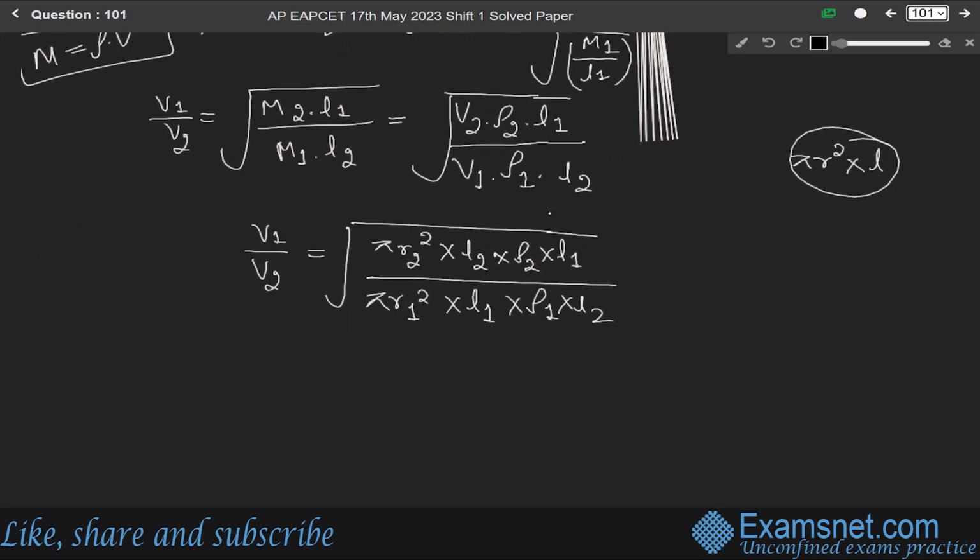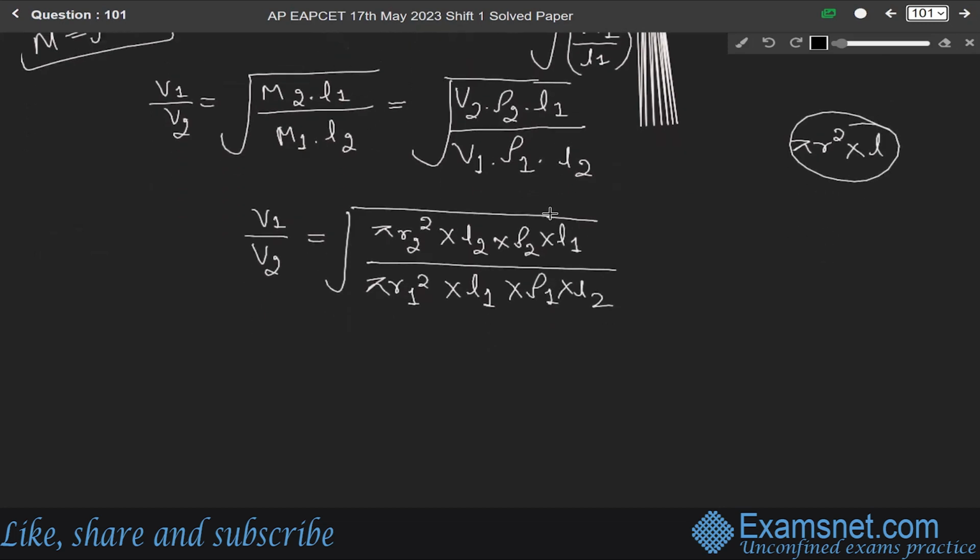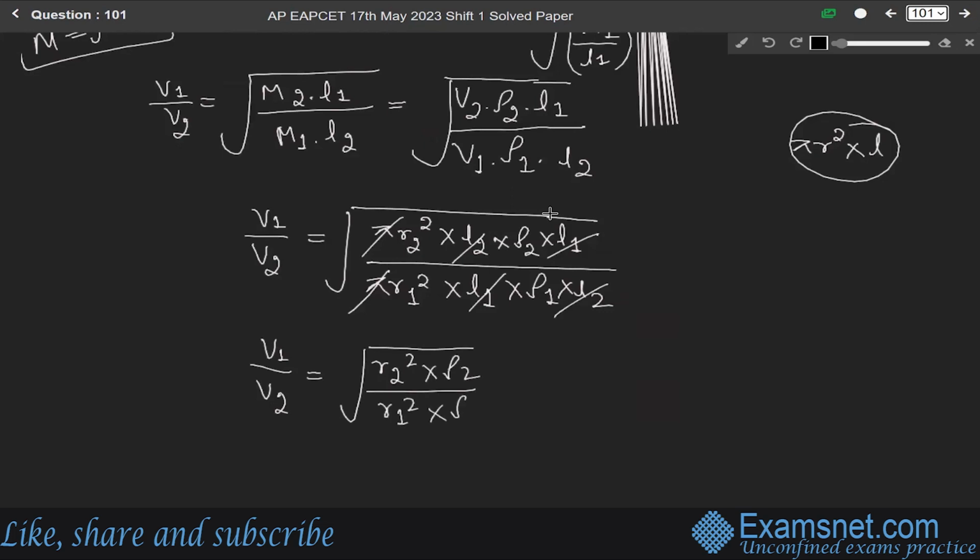Got it? Now this L2 cancels, L1 cancels, pi cancels. So we get V1 over V2 equal to under root of R2 square into rho 2 over R1 square into rho 1. So it becomes under root of R2 over R1 whole square into rho 2 over rho 1.